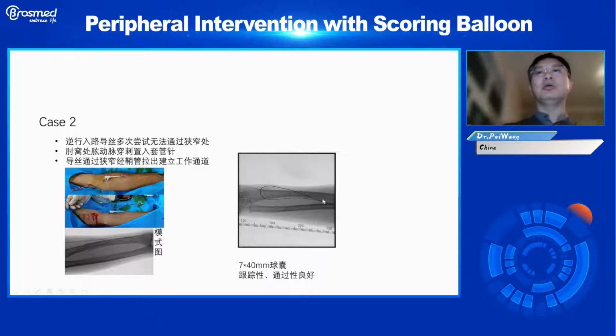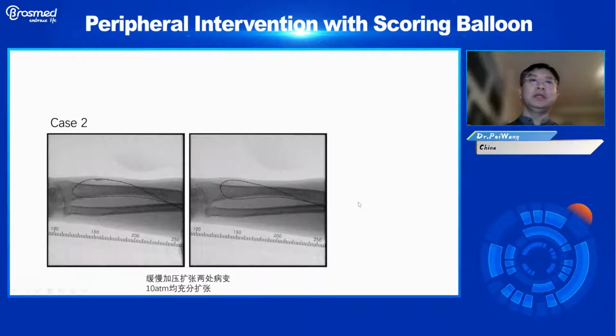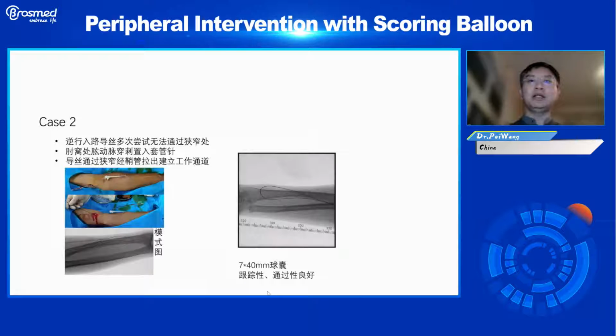After establishing the working channel, we still use the retrograde tri-wedge balloon. We send the tri-wedge balloon to the lesion. To dilate, we used a 7 by 40 millimeter balloon. You could see the angle is a large angle. The traceability and the passing capability of the balloon is quite good.